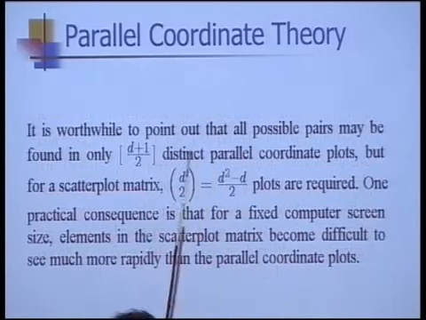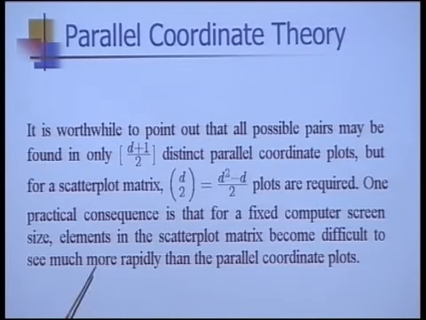I won't make you read all that, but this is the bottom line. If I want to get all possible pairs, then I need the greatest integer in (d plus 1) over 2 number of plots. So basically d over 2 plots. If I'm in 10 dimensions, I need 5 plots.